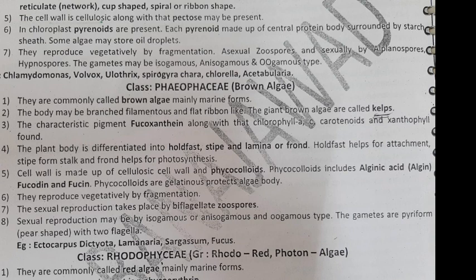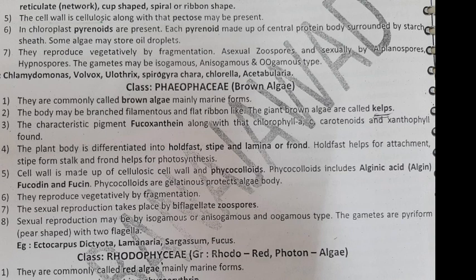phycoxanthin. Next point, the plant body is differentiated into holdfast, stipe, lamina or a frond. Okay, here I told that algae come under the thallophyte. The plant body is not differentiated, it is just like a thallus, meaning an undifferentiated mass of cells.